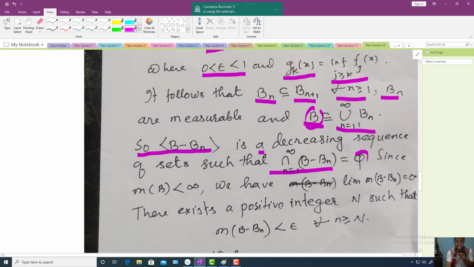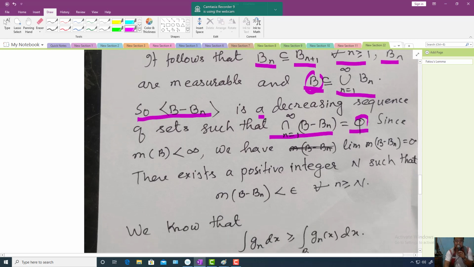Because your B is a subset of this union, so whatever is in B will be in some Bn. You are taking out each Bn in each step, so after some steps all of B will be taken out, so the intersection is going to be empty. The intersection over n going from 1 to infinity of B difference Bn is empty.